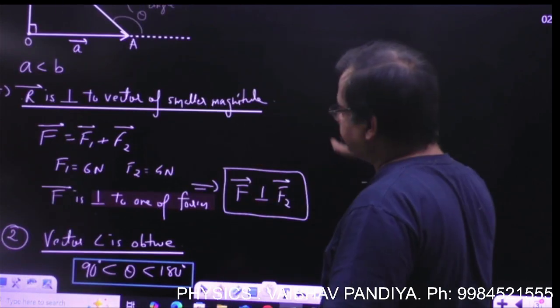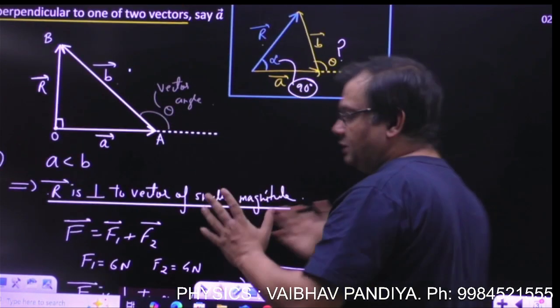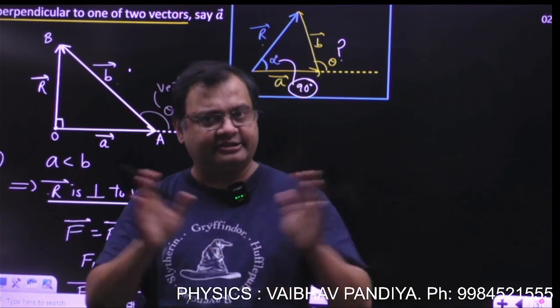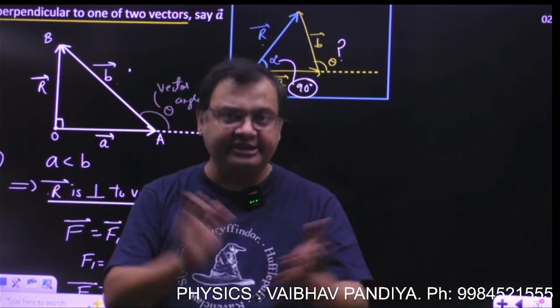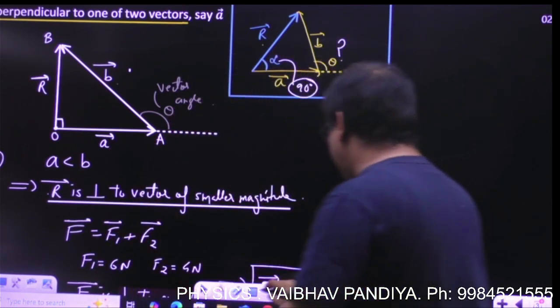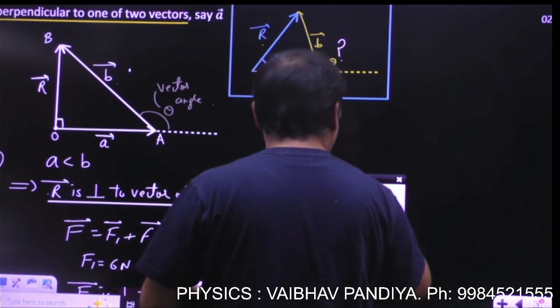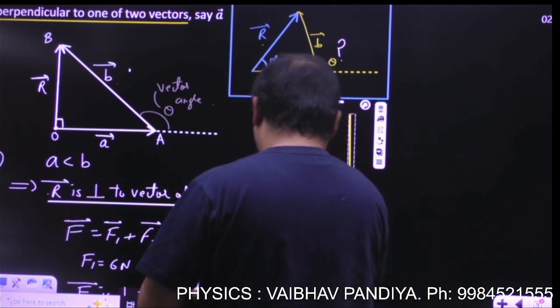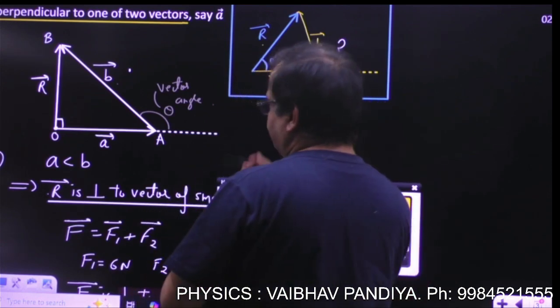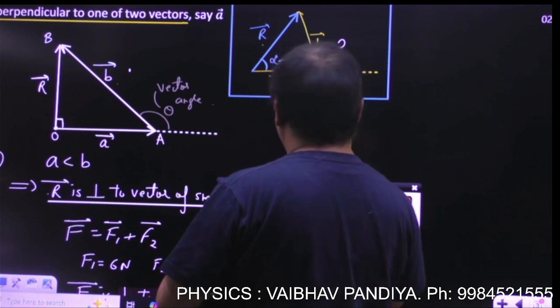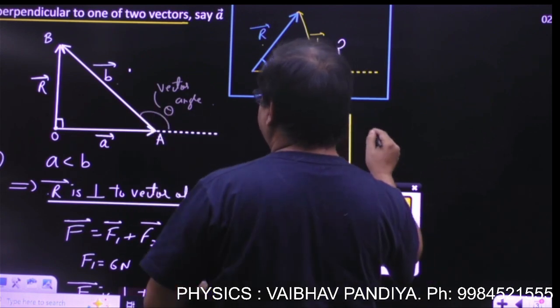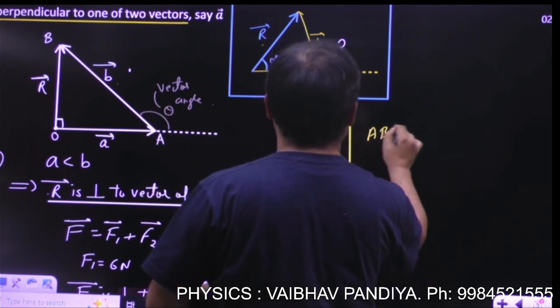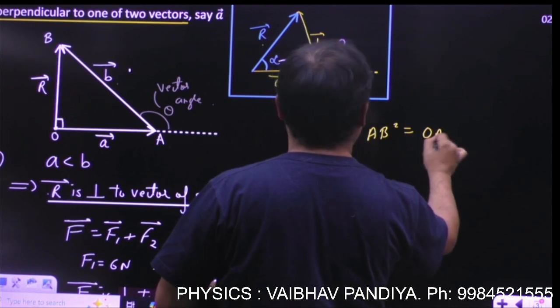Third, the magnitude of the vector is simply the length of the side representing the vector. So in this figure, vectors are treated geometrically, so you simply have to apply the geometric property. If you apply the Pythagoras theorem, you'll get AB square is OA square plus OB square.